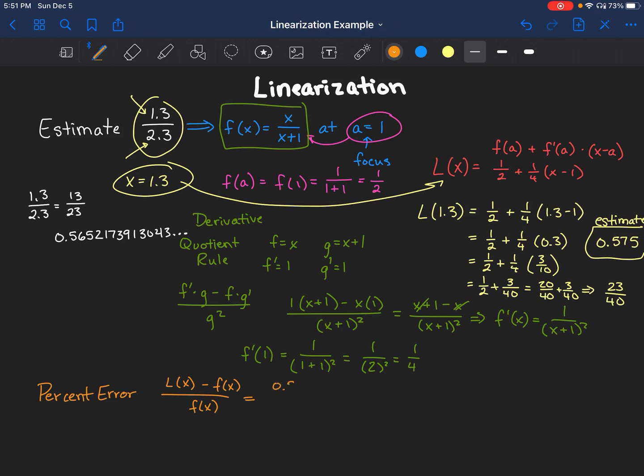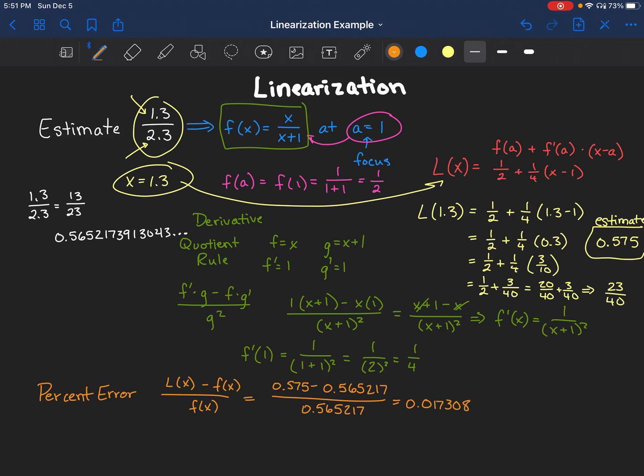So 0.575 is my estimate minus, and I'm not going to write down that whole long decimal, so I'll round off 0.565217. And I'll do the same thing on the bottom, 0.565217 in the denominator. And so I'm going to go ahead and do this math. 0.575 minus 0.565217 divided by 0.565217 gives me about 0.017308.